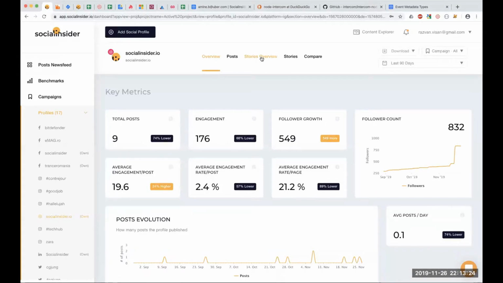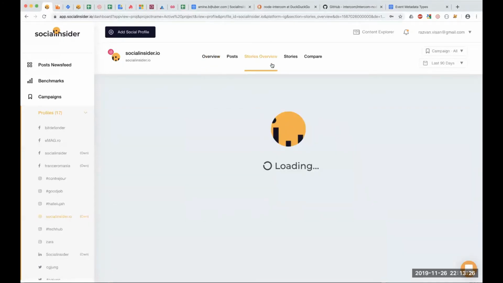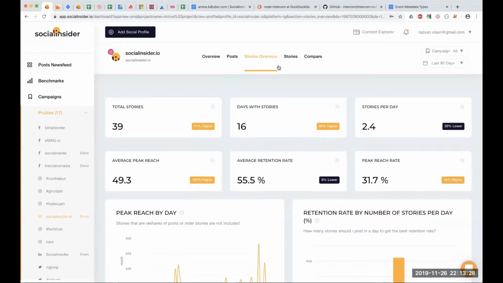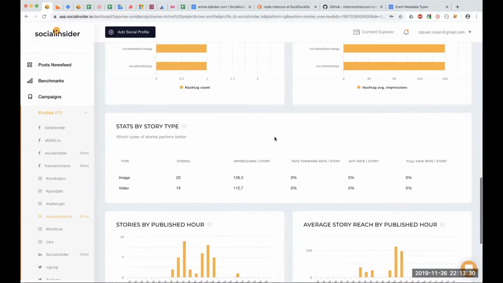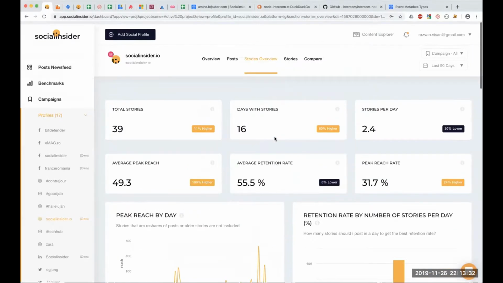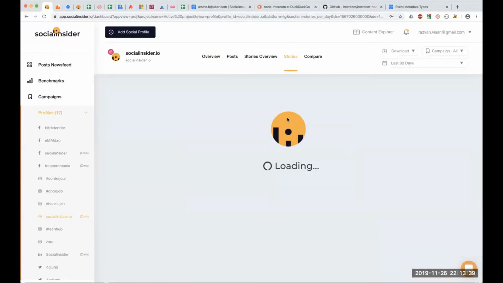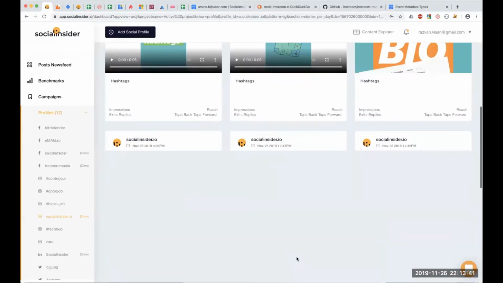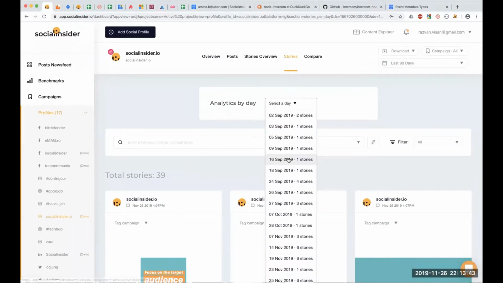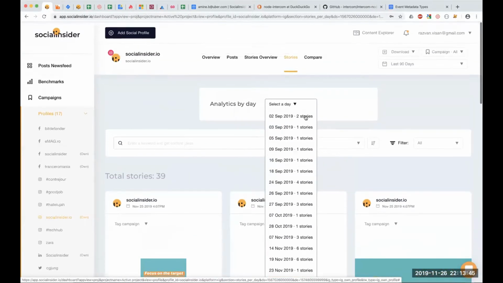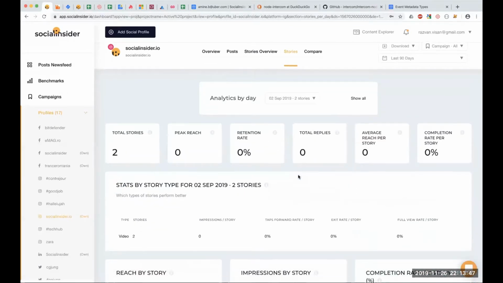So let's get to Instagram stories. As you can see here, we have two sections about the stories. Stories overview: these are the KPIs and the charts and what's going on with the stories on the page. And then the stories by themselves, and we break them down by day. And for each day, we have some more KPIs.